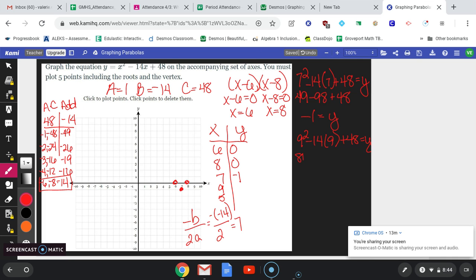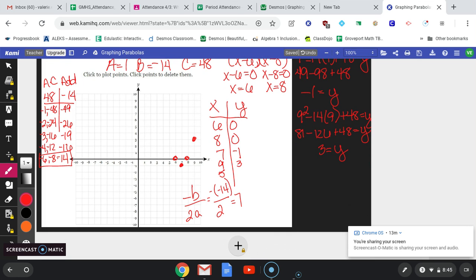So we have 81 minus 126 plus 48. I'm just going to put that in my calculator. 81 minus 126 plus 48. So 3 equals y. So I go to 9 and graph up to 3.